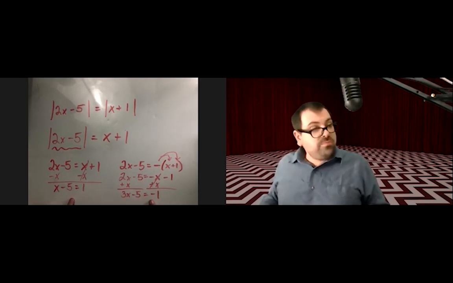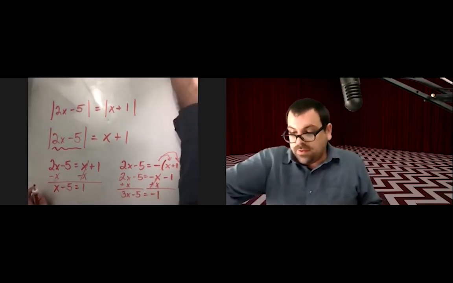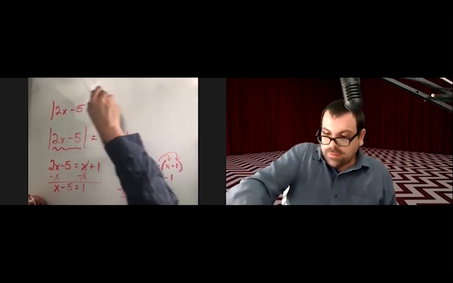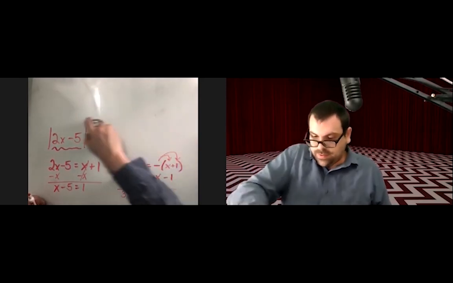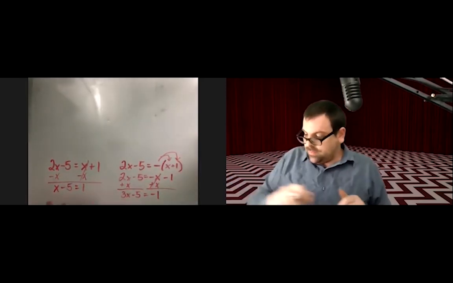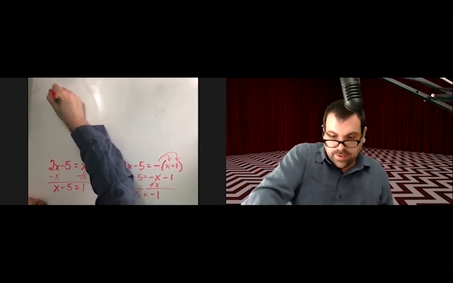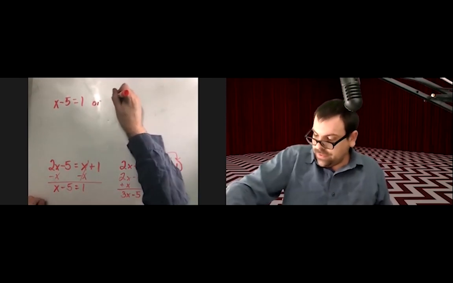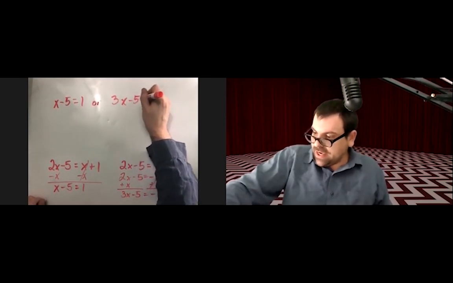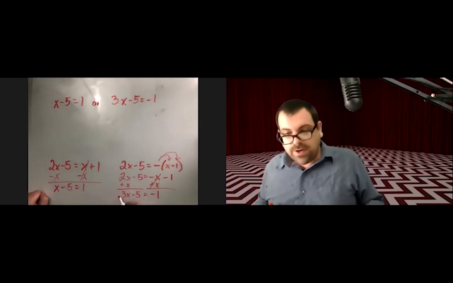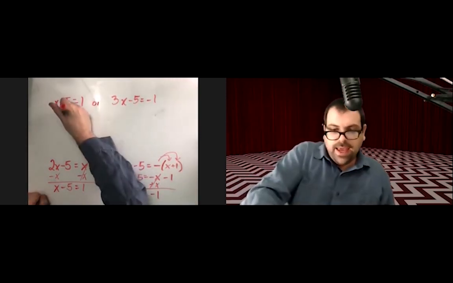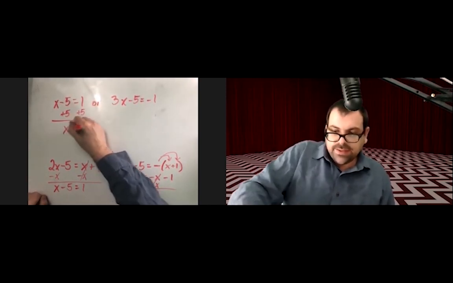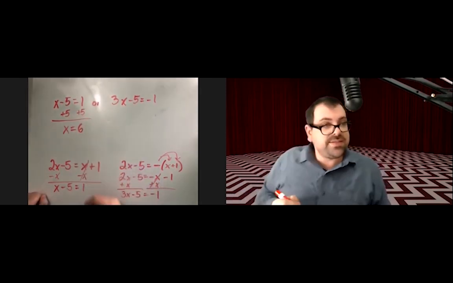I'm going to go ahead and solve both of these, but I need more room. I'm going to come up here. x minus 5 equals 1, or 3x minus 5 equals negative 1. Add 5 to both sides here. I get x equals 1 plus 5 is 6.